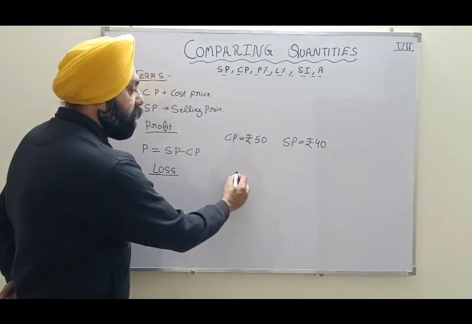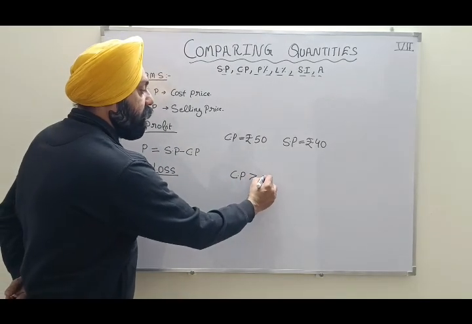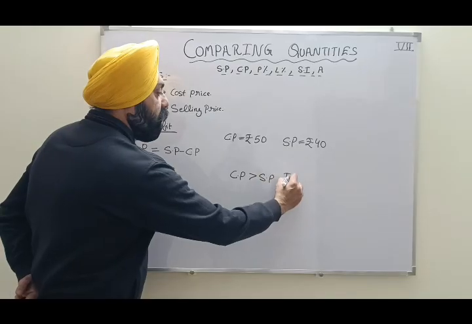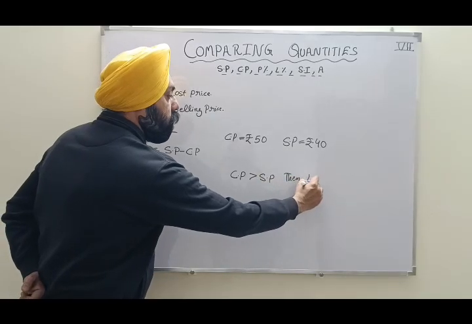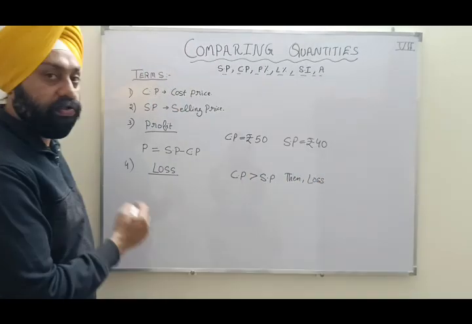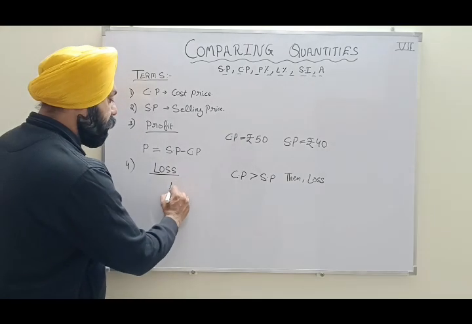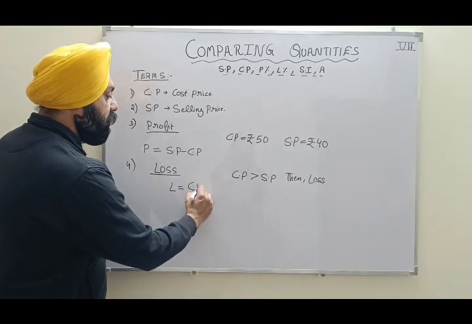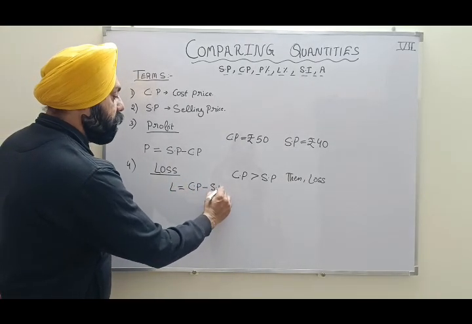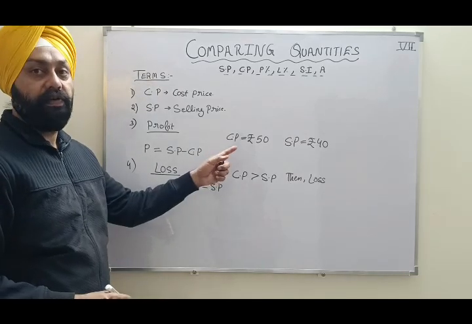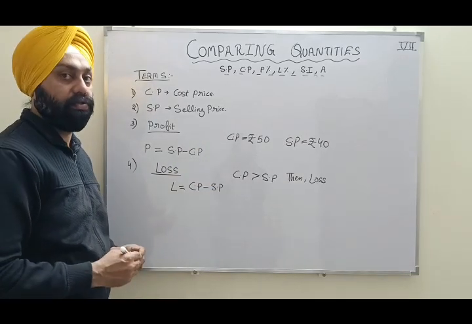So whenever cost price is greater than selling price, then we have loss. And the loss is given by L is equals to CP minus SP. So in this case we have 10 rupees loss.